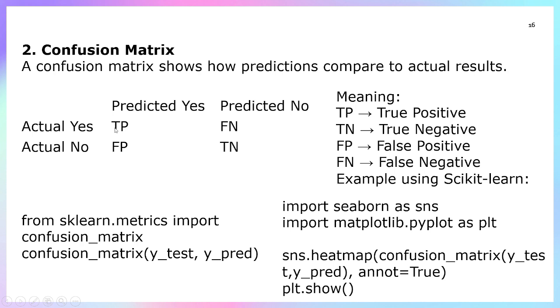Actual yes is true; if actual yes goes to predicted yes, it is true, otherwise it converts into false. Actual no goes to predicted no, then it will be true. So true positive, true negative, false positive, false negative, right? This is the confusion matrix. It's very important. Many times the interviewer asks what is the confusion matrix. So the confusion matrix shows how many predictions compare to the actual result, right?